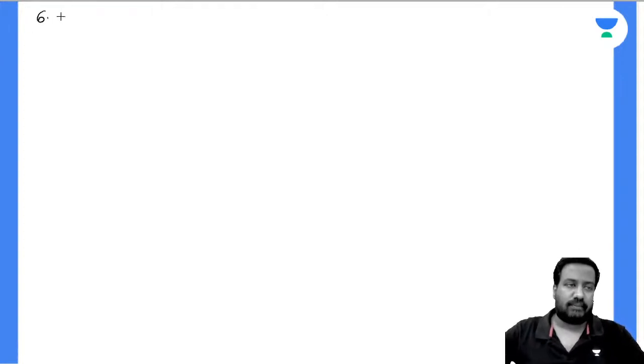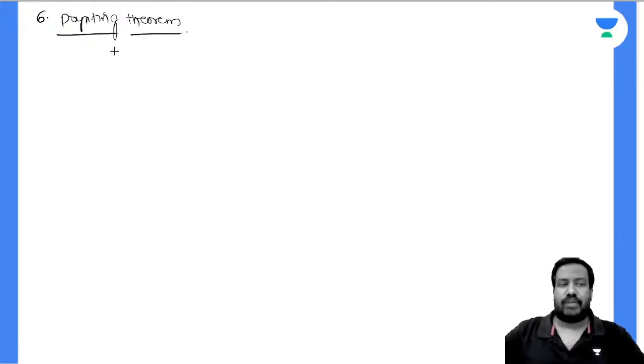The 6th one is Poynting theorem. This gives you the amount of power associated with the given EM wave.